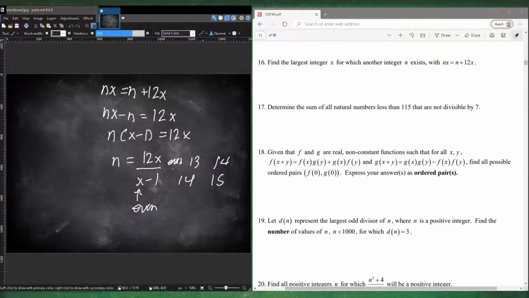So even divided by odd is not possible. Or if this was an odd, then this is going to be an odd, so odd minus an odd is even. So odd divided by even doesn't work. So the only way would be x minus 1 is equal to 12. And that's the highest value. That means x is equal to 13. And that's your biggest value for number 16.